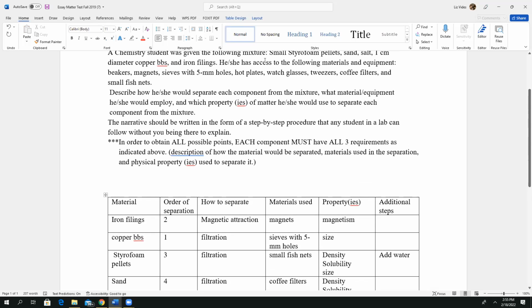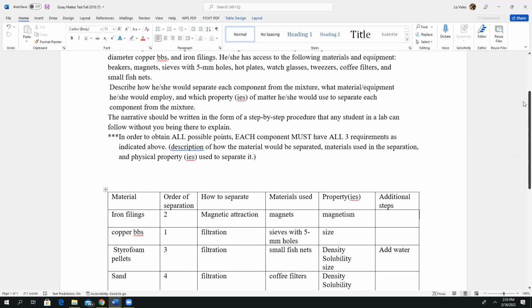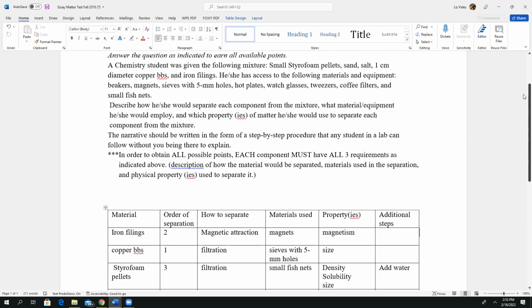Okay, we're probably going to use hot plates, watch glasses, beakers. So it's a lot of stuff to be used on this one. And the other one's the beaker. Because we got to catch it in something, right? Where's the beaker? Beaker.